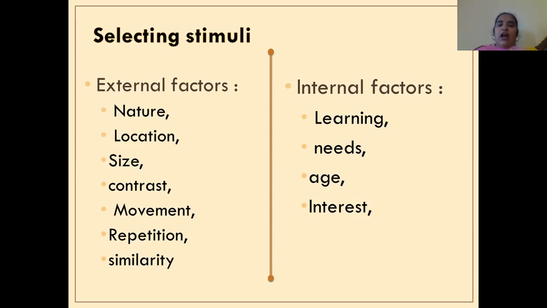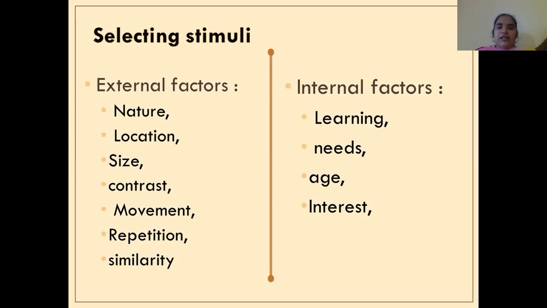Then the location, how far or near it is, how big or small it is. Bigger objects are noticed better than smaller objects. Nearer objects are noticed better than farther objects.